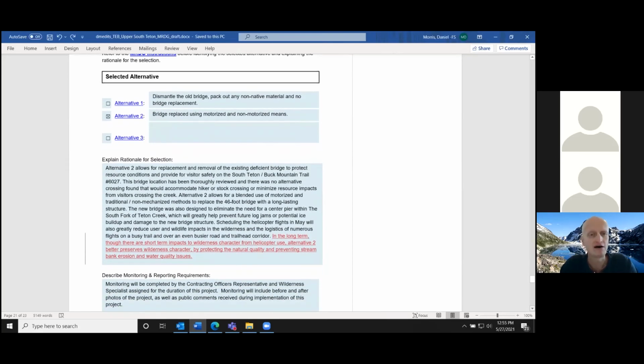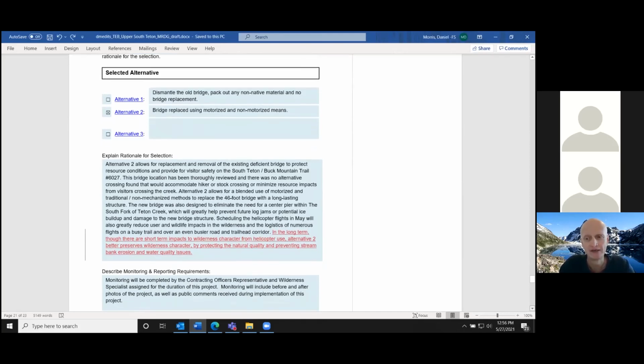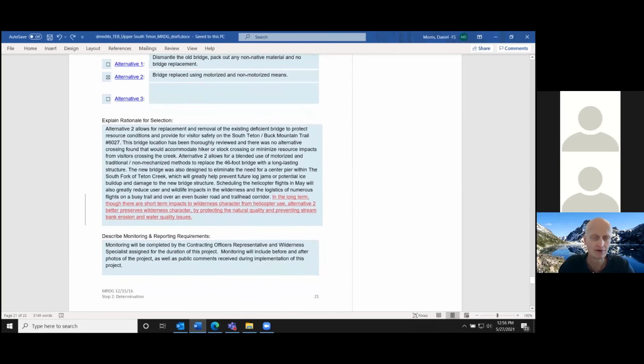Here we're leaning on replacing that bridge. And we speak to, yeah, we're going to have some obvious effects by using a helicopter. However, in the long term, we think this better preserves wilderness character by preserving that natural quality of wilderness character.